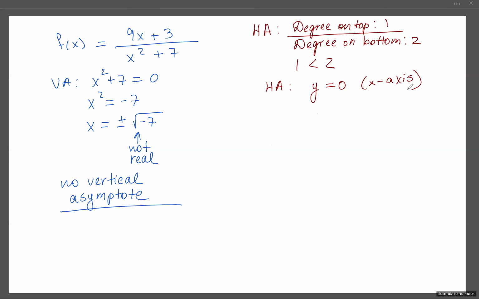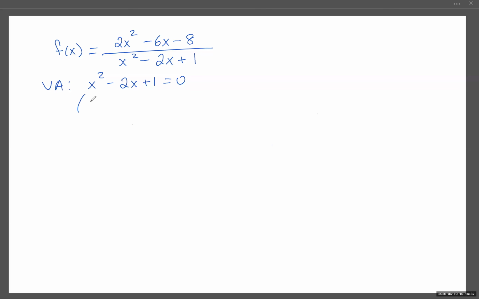All right, one more time. f of x equals 2x squared minus 6x minus 8 divided by x squared minus 2x plus 1. We'll start with vertical asymptotes. Take just the denominator, set it equal to 0. Now we'll go ahead and solve it. This is factorable.